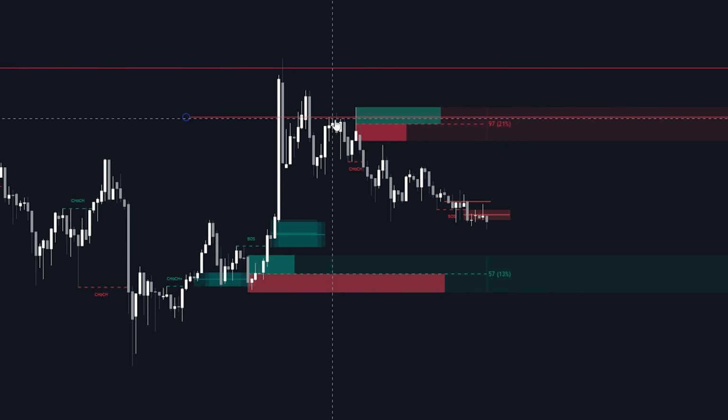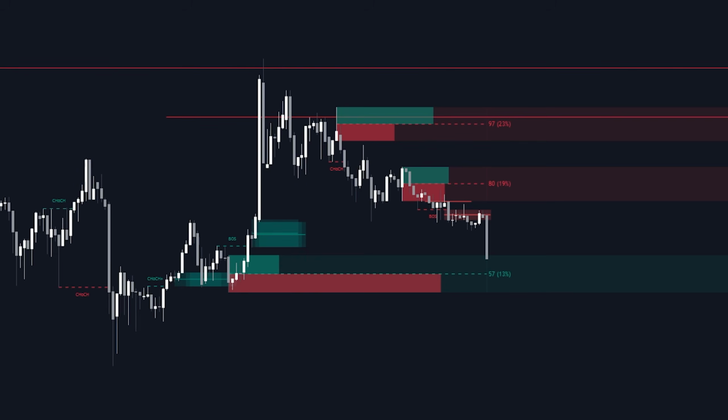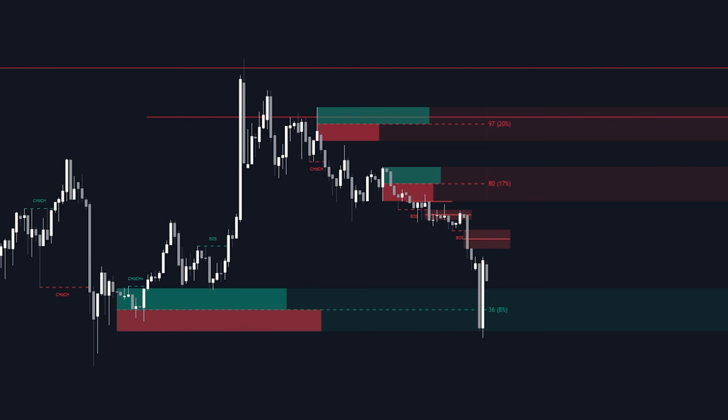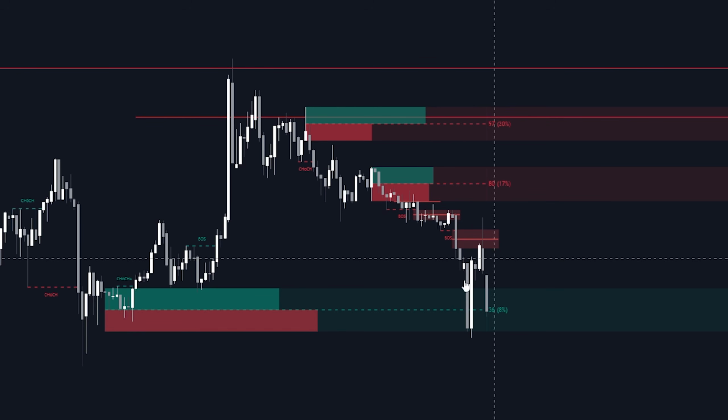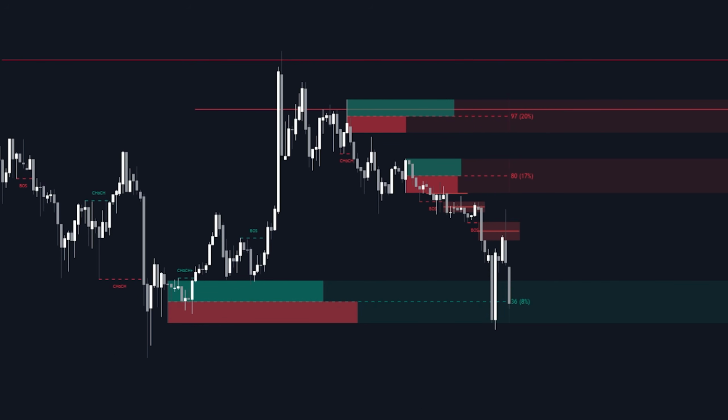Although considering that the market has come down quite a bit, we can be a bit conservative with how we take this particular trade. Of course, this is all up to your discretionary analysis, but now we can see after that first break of structure and how we reacted on that 15-minute fair value gap right there, we can see a move that came down into this order block right here at only 8%.